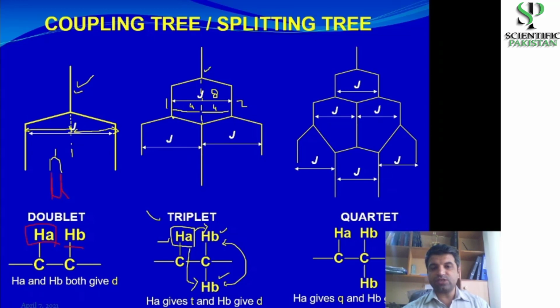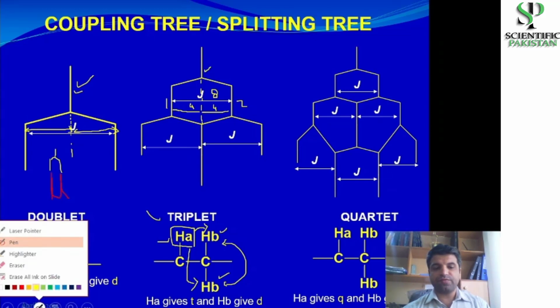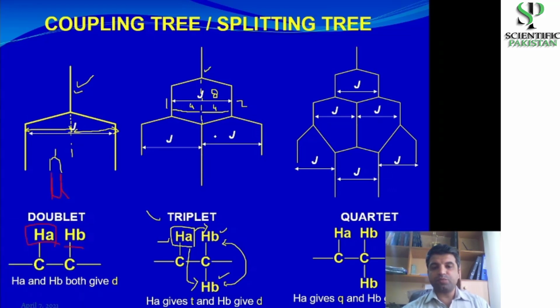Now, each of these two lines will split because of Hb. Now, the splitting is of the same magnitude because both Hb's are magnetically equivalent.